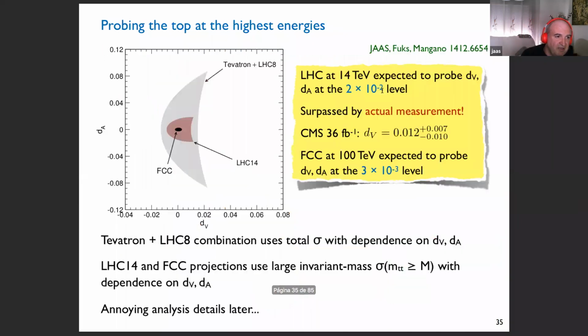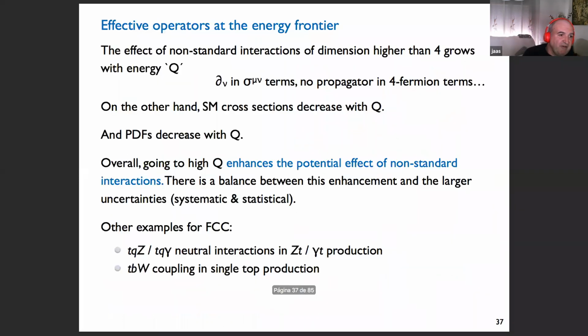For example, if you have a 100 TeV machine, the best sensitivity is achieved at invariant masses of 10 TeV or so. You have a balance between the effect of the anomalous contribution and the statistics and systematics, but overall, you have an improvement.